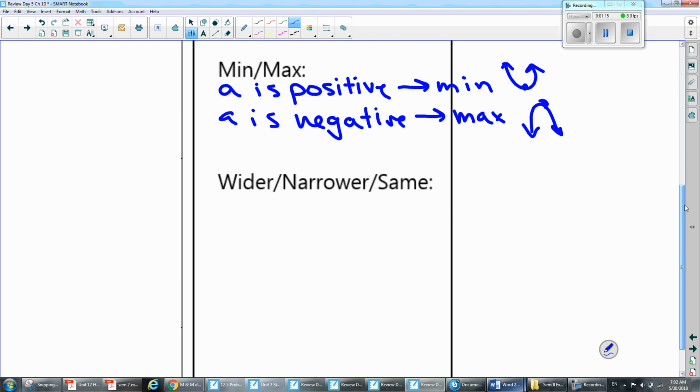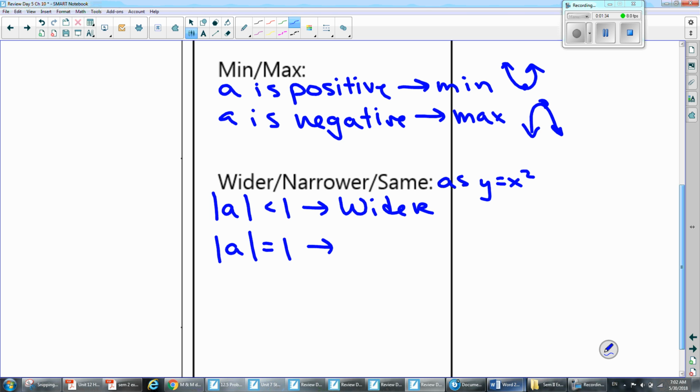A value is also special because if we take the absolute value of a and it's less than 1, this is actually wider than the graph y equals x squared, which is what we compare it to. When we take the absolute value of a and it equals 1, that's when it's the exact same width as y equals x squared.